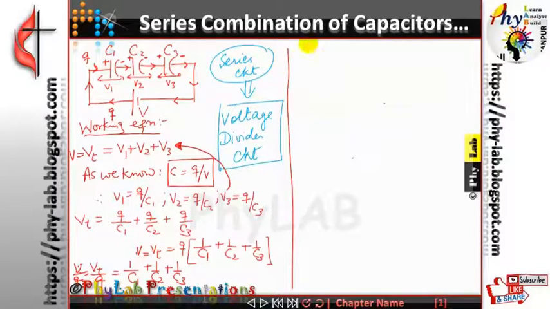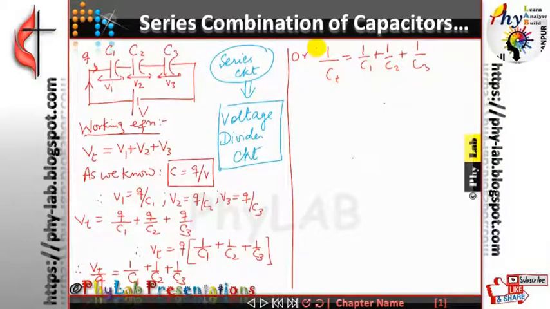Let me call the net combination of these three capacitors C total, the total capacitance. So I get 1 upon C total equal to 1 by C1 plus 1 by C2 plus 1 by C3. So friends, that comes out to be my net capacitance across these three capacitors.